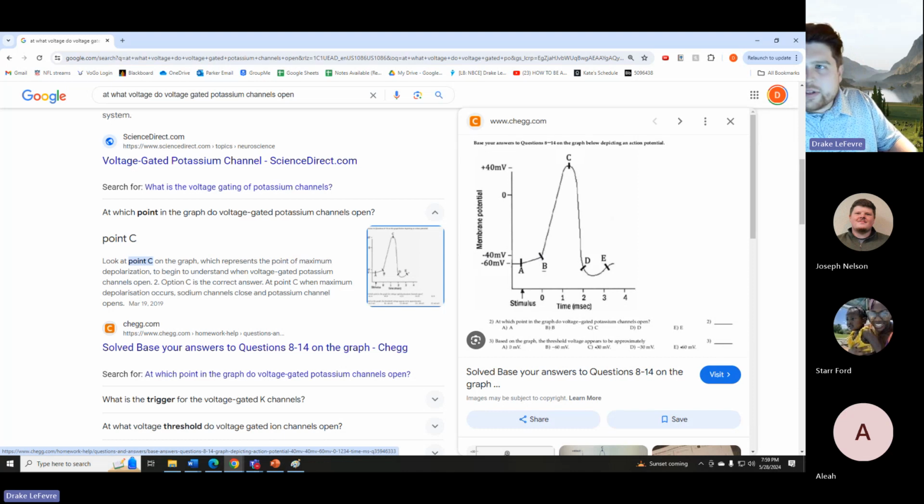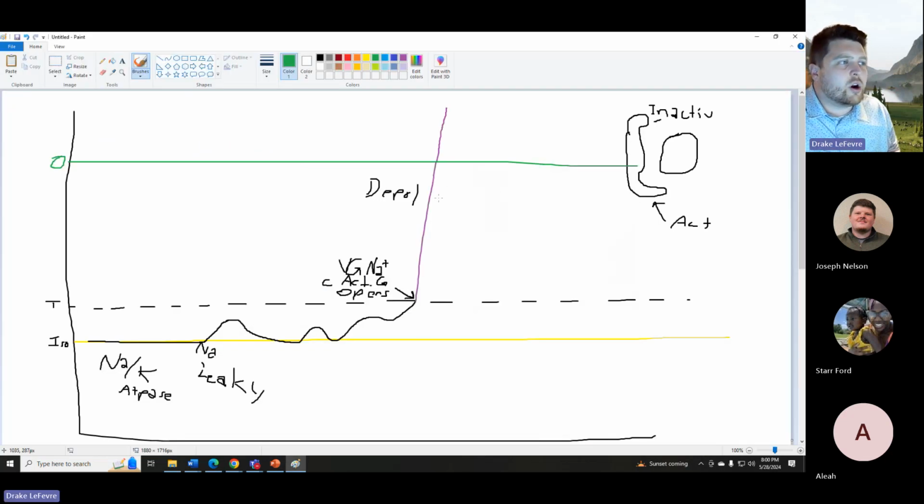I don't know if you got this specific, but they start to open somewhere between threshold and the very top, the very end of depolarization. We typically say at the very, very top. At the very crest, right here, is when they finish opening.